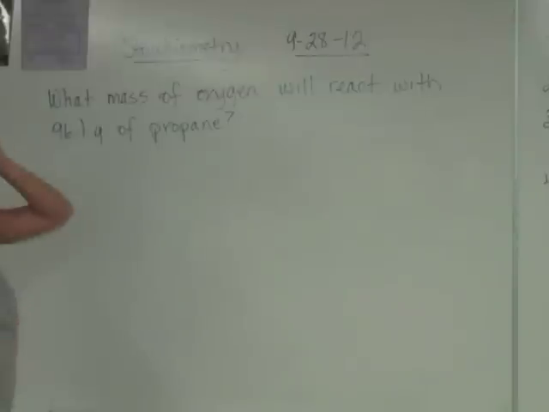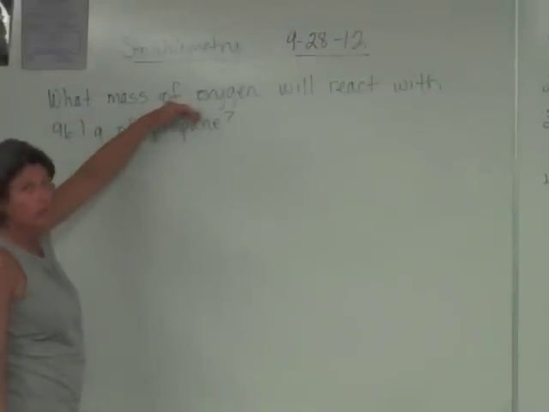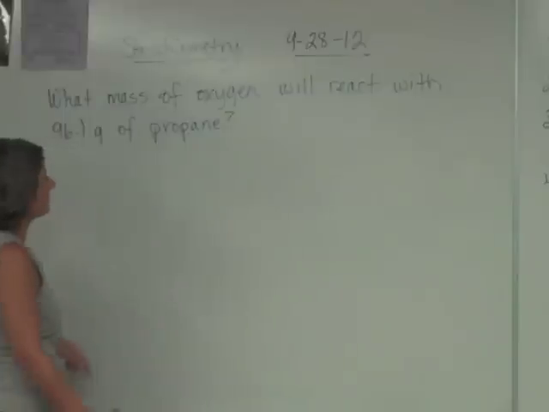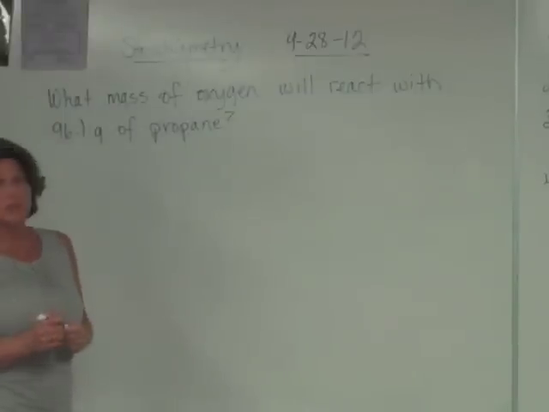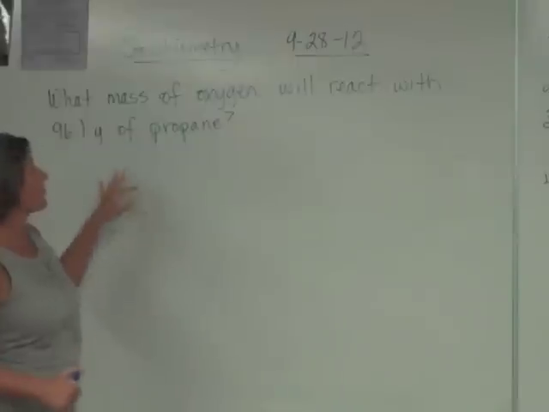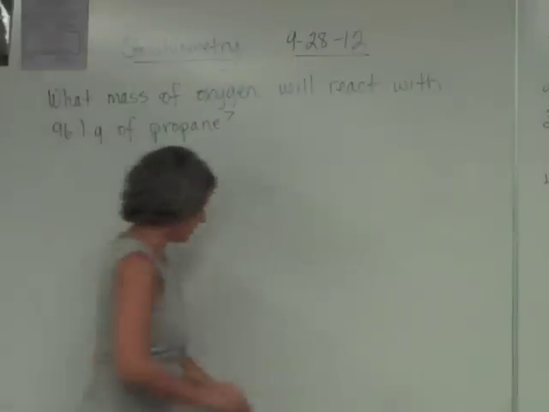All right, so we will use the quantity of propane to calculate the quantity of oxygen utilized. So the first thing that we need is an equation to represent this reaction.